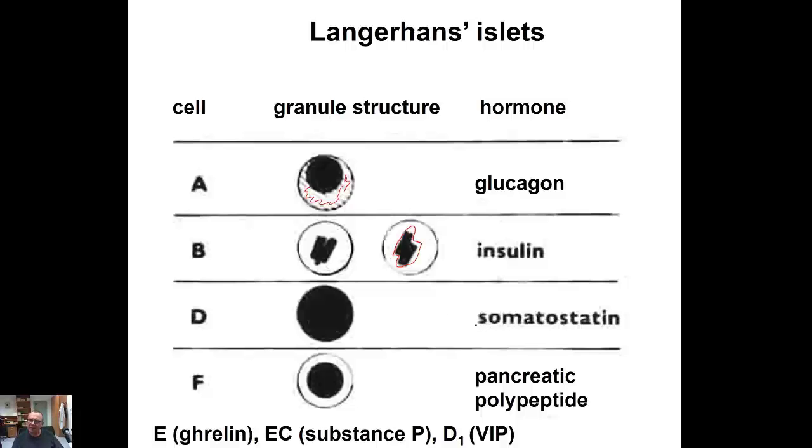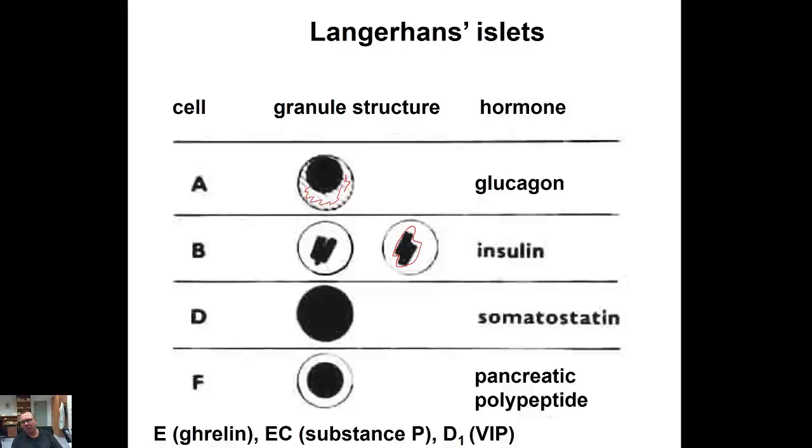Somatostatin is found in completely electron-dense granules. Pancreatic polypeptide is again found in dense core granules, but the cores are in the center and the surrounding material is electron-lucent. So it is possible to recognize any cell of Langerhans islets in the electron microscope.